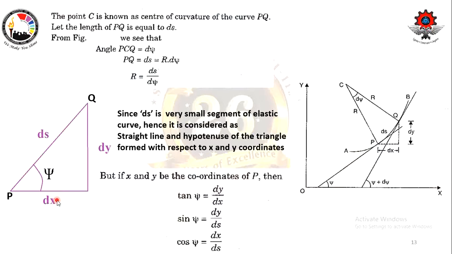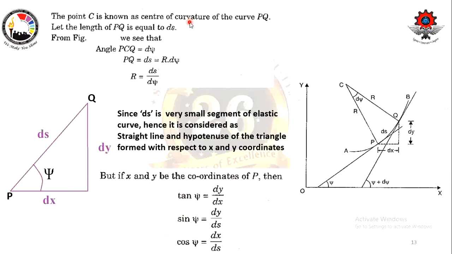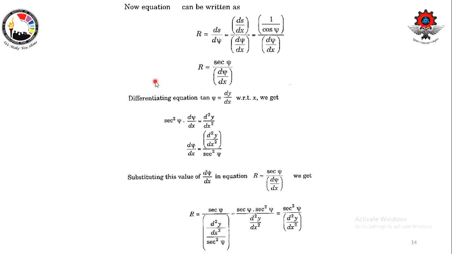Sine is opposite by hypotenuse. What is cos? Cos is adjacent by hypotenuse, so dx by ds. All the trigonometric ratios are derived from this triangle. Let us proceed with the derivation and see what is the use of these trigonometric values in this equation.